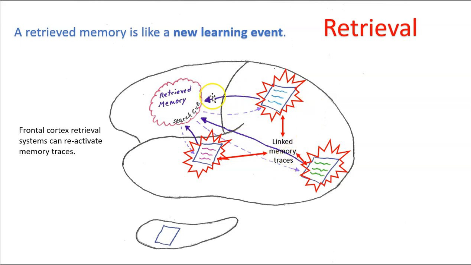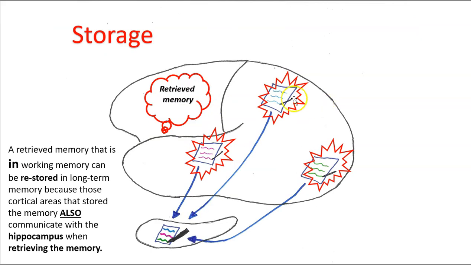So let's say our cortical retrieval systems successfully activated some cortical memory traces, and now we're having a retrieved memory experience. But remember, we have the conscious experience of it because of the sharing of information from these cortical regions, but those same cortical regions also send information down into the hippocampus.